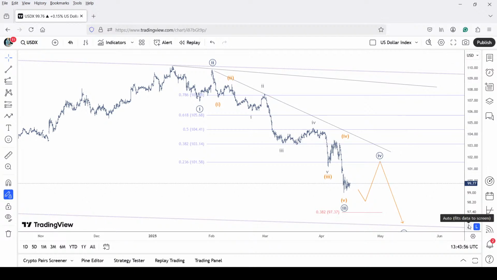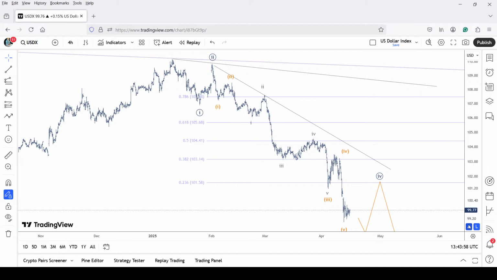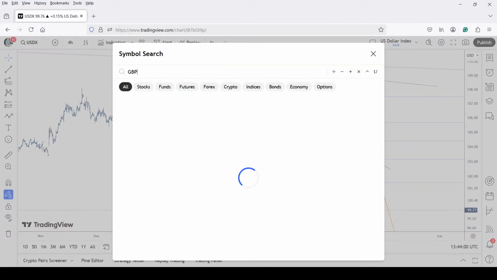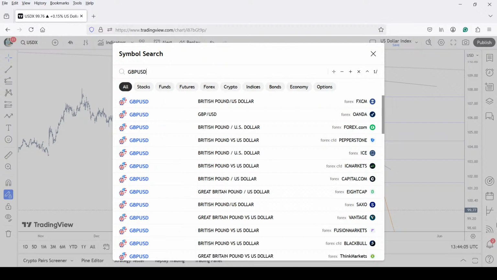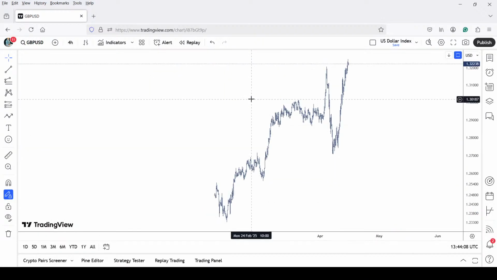All right, we are just 1 minute away. Let's quickly point out GBP USD as well.